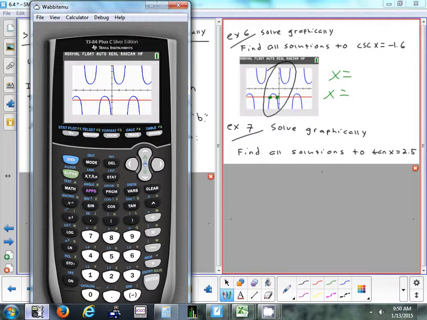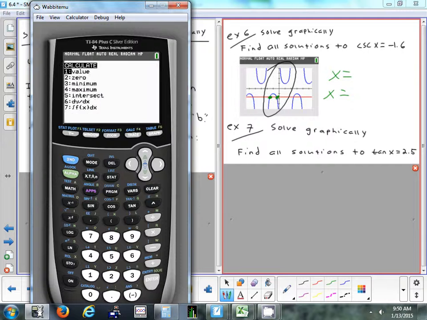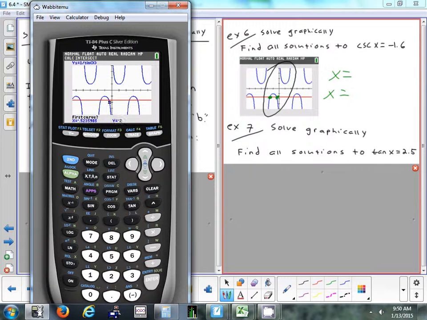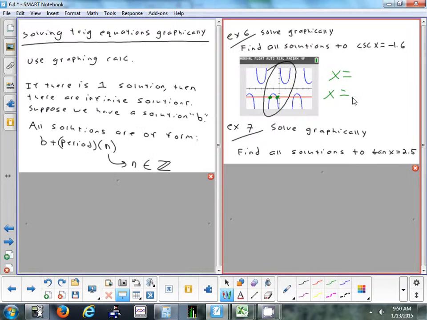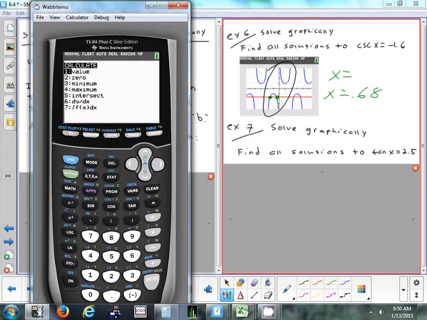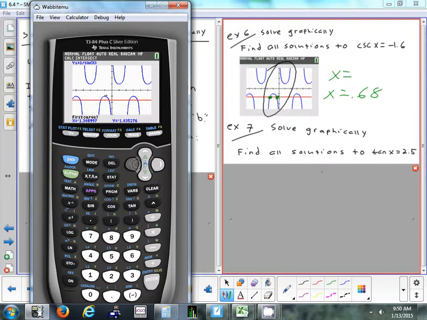That's our starting point. So second calc, intersect. So we got 0.68. And what's the other one? Second calc, intersect, about negative, oh, that should be negative 0.68.